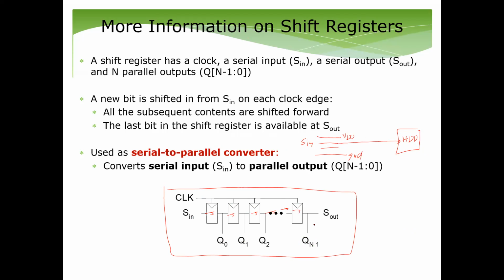After the 32 cycles your data is stored in your hard drive. Okay, if you want to read it in parallel you can also do that. ولكن this circuit, serial in and serial out, is used for any serial data transfer. So this circuit converts serial input to parallel output.